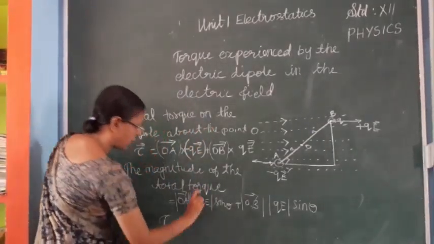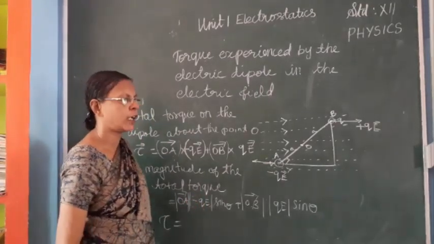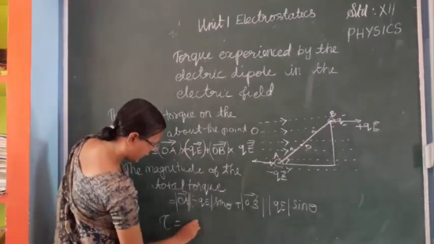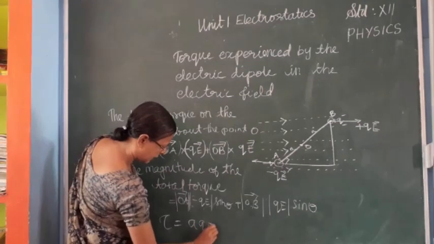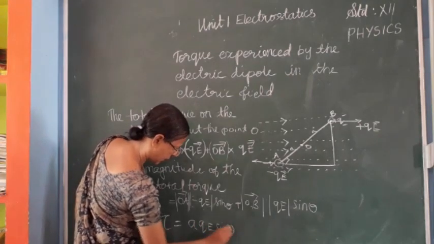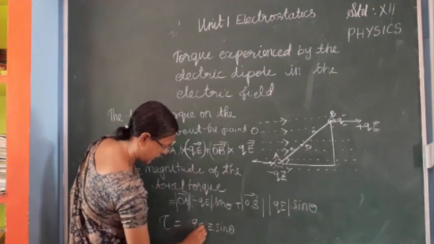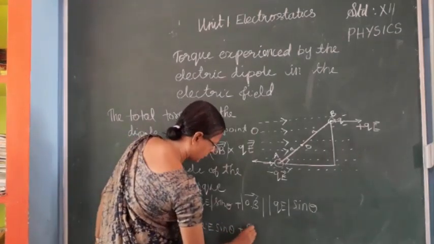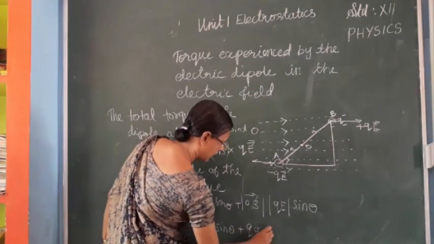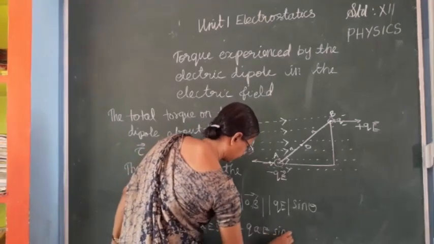So tau is equal to, if we are taking this inside the modulus, the minus will go. So QAE sin theta plus QAE sin theta.